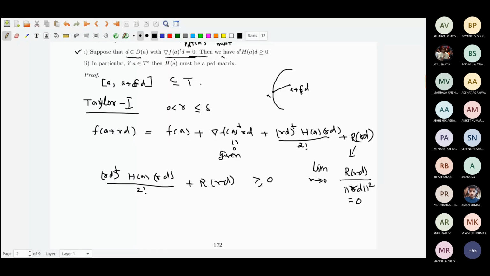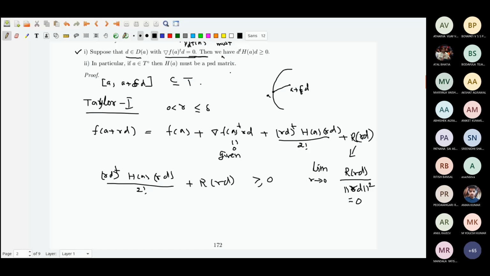Remember that D equal to 0 is allowed in the set of feasible directions at A. So I have to make a small case before saying that if D is equal to 0, then I don't have anything to say. Because D is the 0 vector, D transpose H(A) D is greater than or equal to 0. That is obvious. So I am assuming D is a non-zero feasible direction available at A.